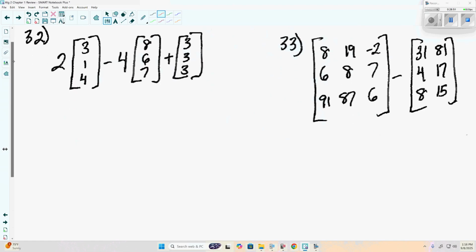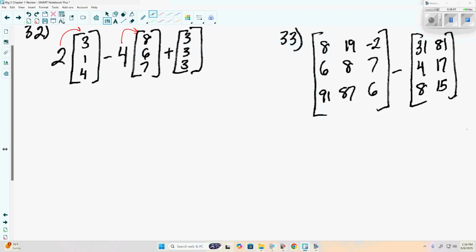So when we look at this here, we need to apply our scalar first. So the first one, we're going to multiply everything by 2, yes? So let's skip a step here. 2 times 3 is 6. 2 times 1 is 2, and 2 times 4 is 8.